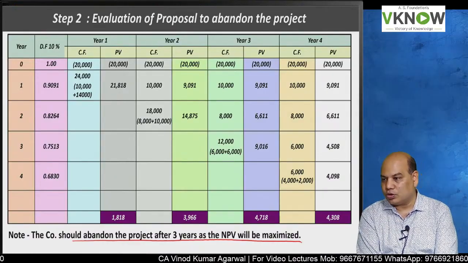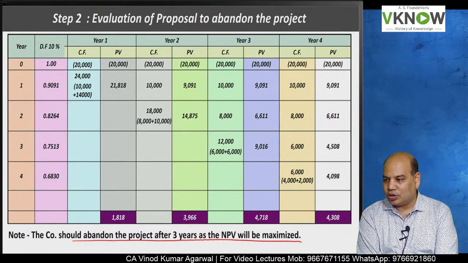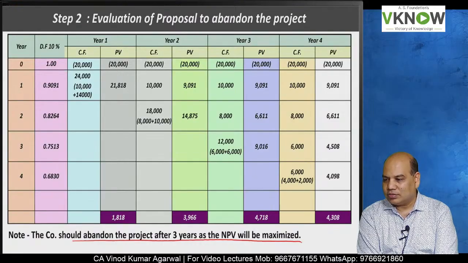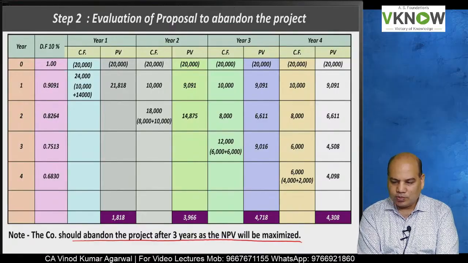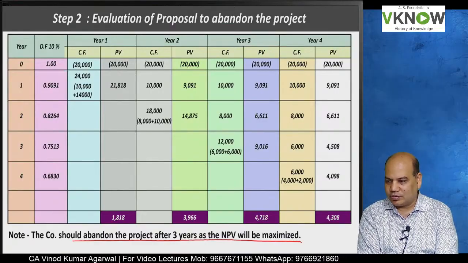This is one way to solve, and this is a foolproof method. You can't make a mistake. That year which gives maximum NPV, in that year you should abandon.